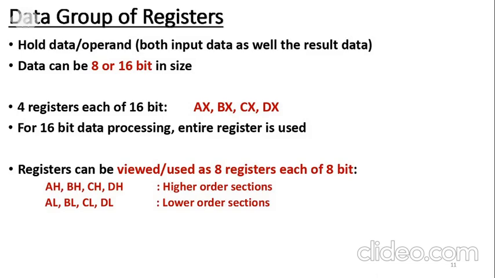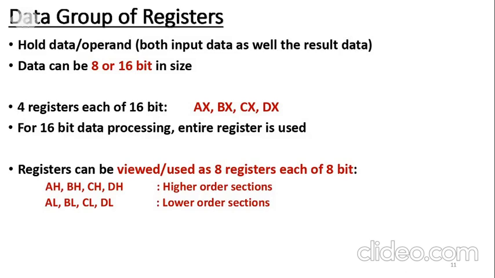Similarly, BX has BH, the higher order section, and BL, the lower order section. In the CX register, CH is the higher order section and CL is the lower order. Similarly, for the DX register, DH is the higher order section and DL is the lower order section.